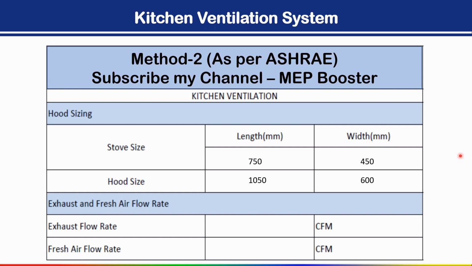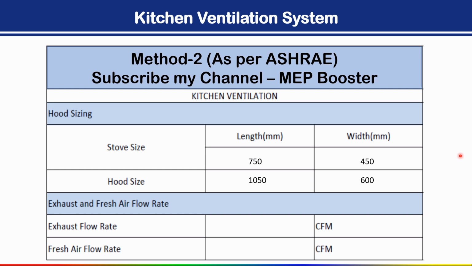Now, how can you calculate the exhaust flow rate? I have already shown you the formula: maximum among length and width of hood into category, meaning CFM per meter, divided by 1000. For a wall mounted canopy with medium cooking, the category value is 990 CFM per meter.